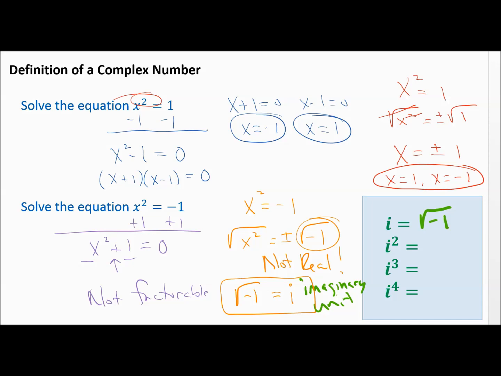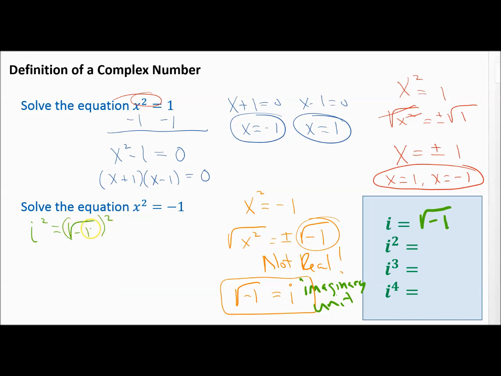Now what I want to do for you over here on the left, I'm going to erase where I attempt to solve the quadratic equation by adding the 1 to the other side, so I can get that space back because I want to look at something. We're going to define i to be the square root of -1, so I would like to know what i squared is. Well, if i is the square root of -1, then i squared will be the square root of -1 squared.